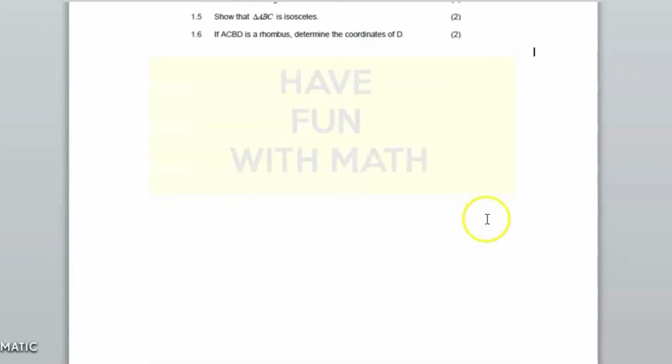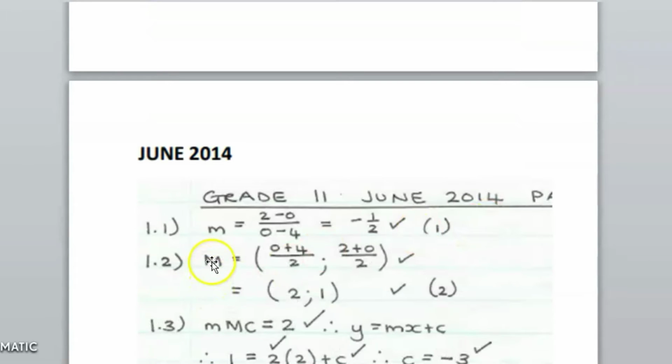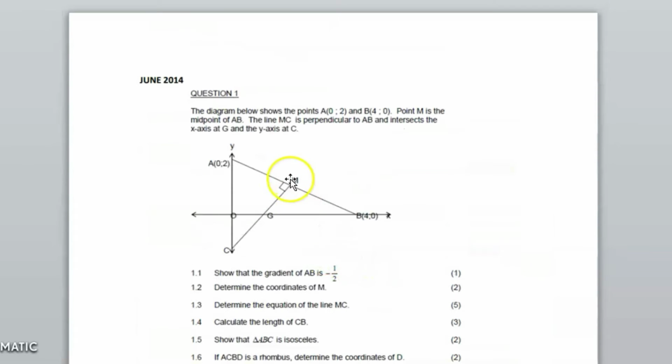The midpoint is equal to the x of A plus the x of B over 2 and the y of A plus the y of B over 2. Then the x coordinate of our M point is 2, and the y coordinate of our M point is 1. So at M we have 2 and 1 as coordinates.